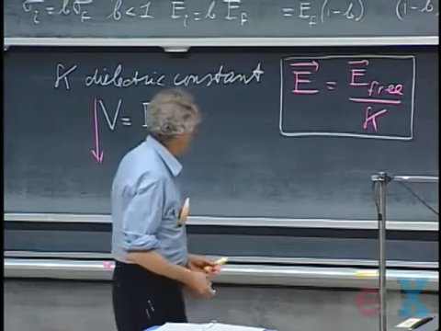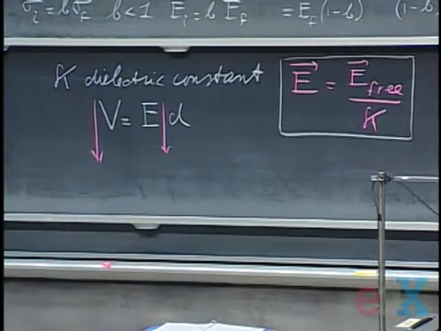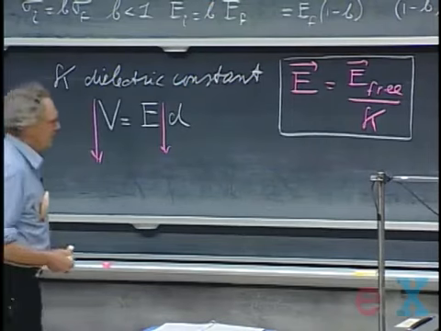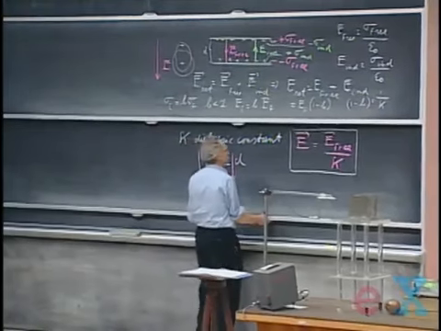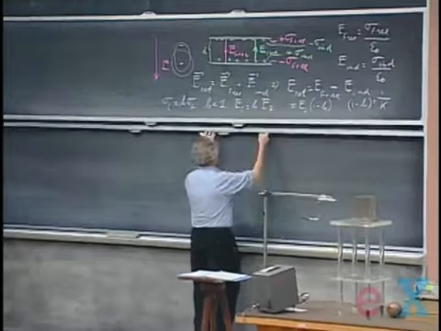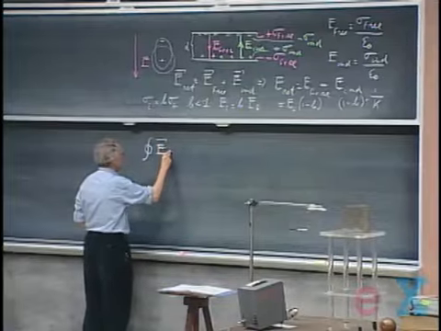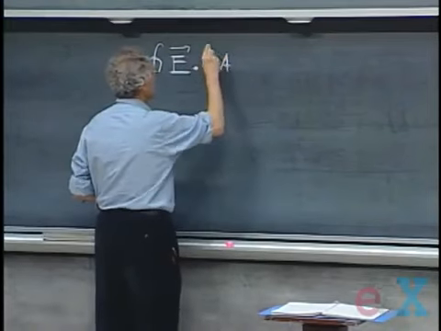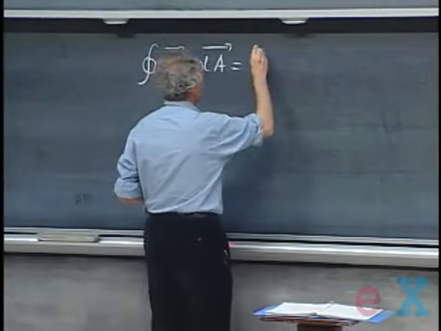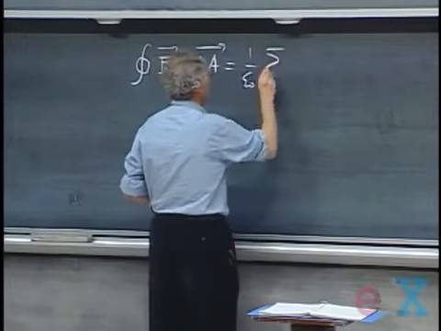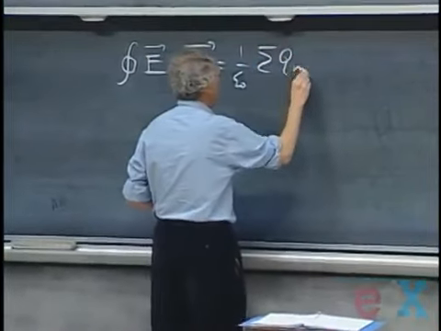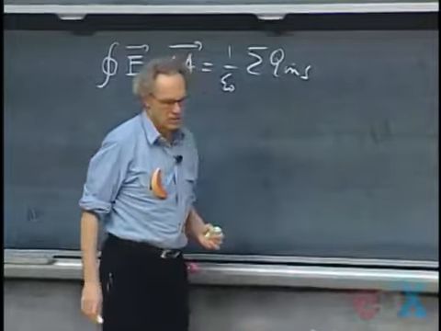The question now arises, does Gauss' law still hold? And the answer is yes, of course. Gauss' law will still hold. Gauss' law tells me that the closed surface integral of E dot dA is 1 over epsilon times the sum of all the charges inside my box.